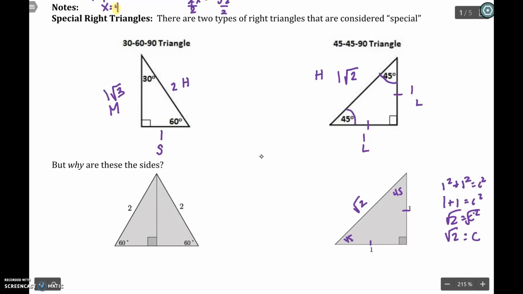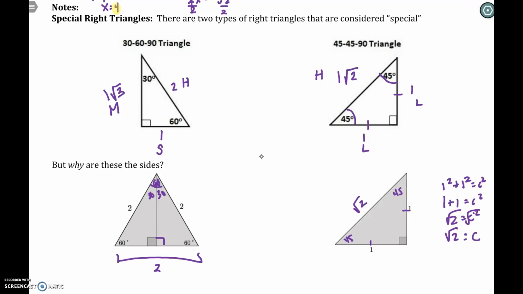Now, why does that happen? It happens because if we think about taking this 30, 60, 90 right triangle and doing 2 of them right next to each other, reflected like that, these two 30s up here make this a 60. Okay, that means that this entire thing is an equilateral triangle. So if this leg is 2, this would be 2, and this would also be 2.